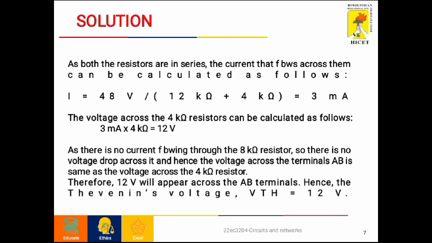We should not consider the 8 kilo ohm resistance, as no current flows through that resistance which is connected across the terminals AB. So I is equal to 48 volt divided by 12 kilo ohm plus 4 kilo ohm, which gives the total current, that is I is equal to 3 milliamps. Therefore 12 volt will appear across the AB terminals, hence the Thevenin's voltage V Thevenin is equal to 12 volt.